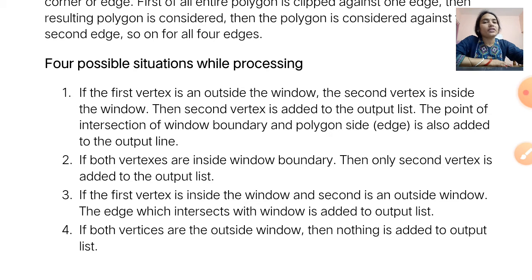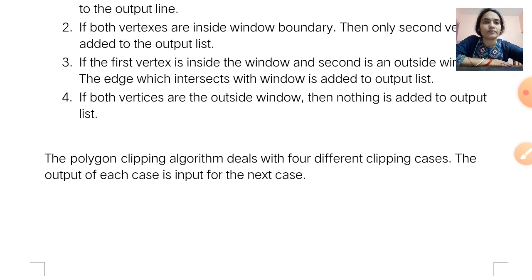Then the fourth case: if both vertices are outside the window, then nothing is added to the output list. So the polygon clipping algorithm deals with four different clipping cases. The output of each case is input for the next case. So how it will be implemented, let us discuss.